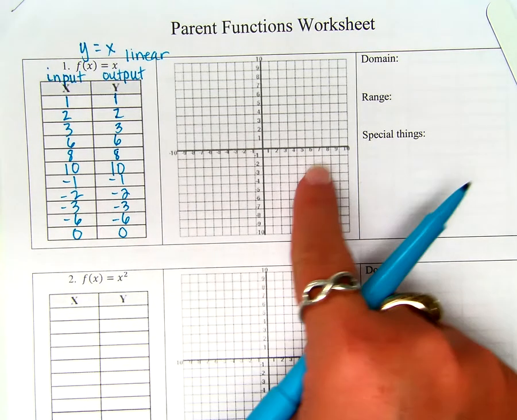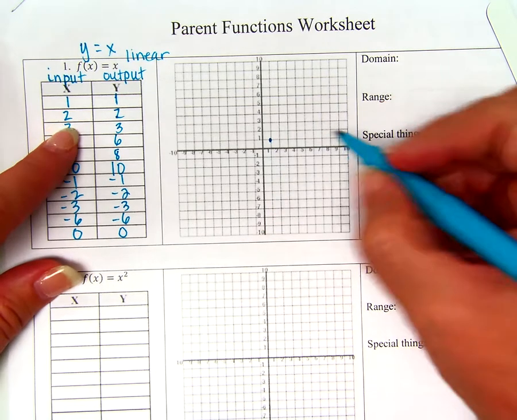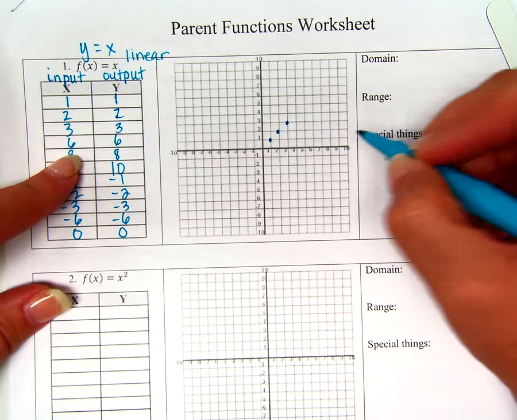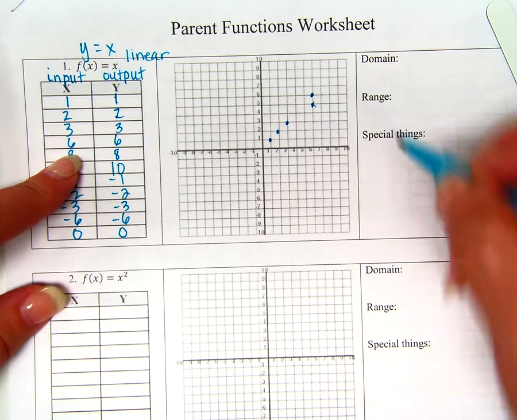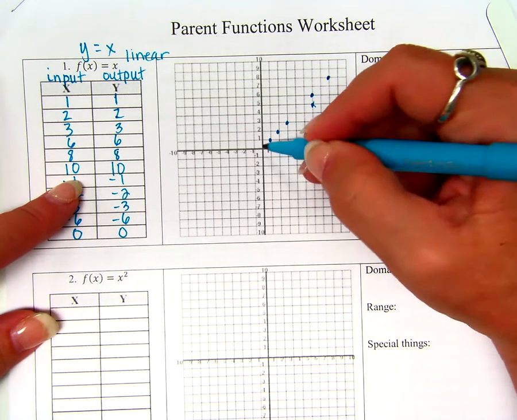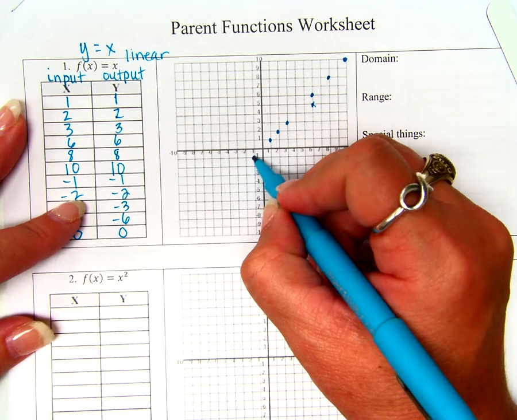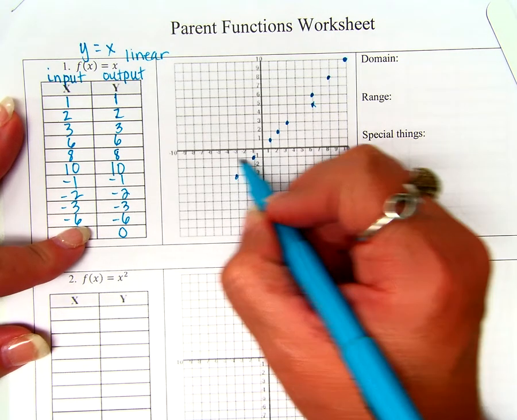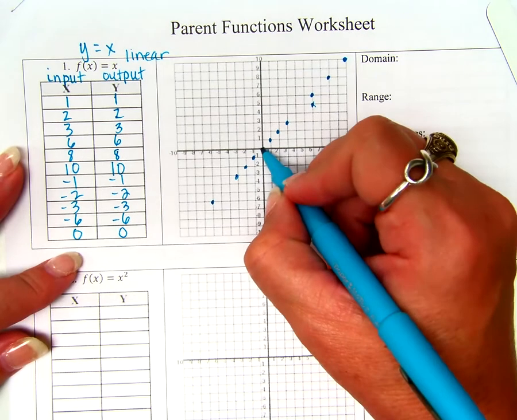Now, plot those points on your graph, please. 1, 1. 2, 2. 3, 3. 6, 6. 8, 8. 10, 10. -1, -1, -2, -2, -3, -3, -6, -6, and 0, 0.